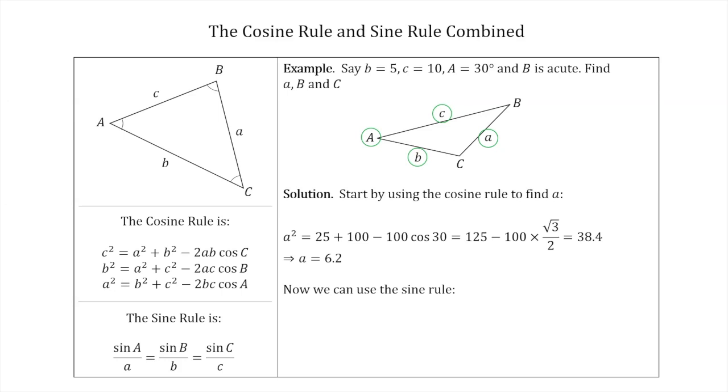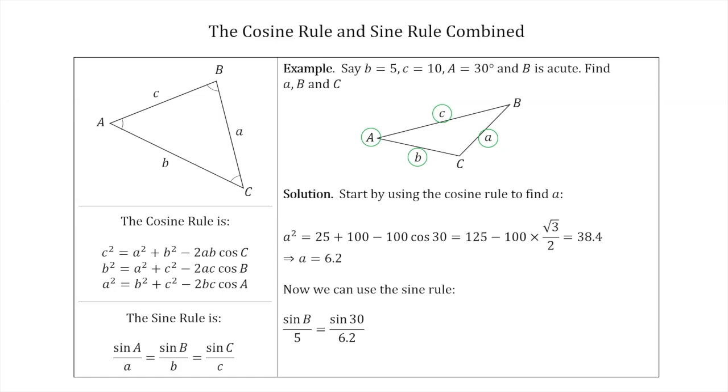So I could start with either B or C. I'm going to start with B. So sine of B over 5, because that's the side opposite B, is equal to sine 30 over 6.2, because that's uppercase and lowercase a. So we rearrange a bit.